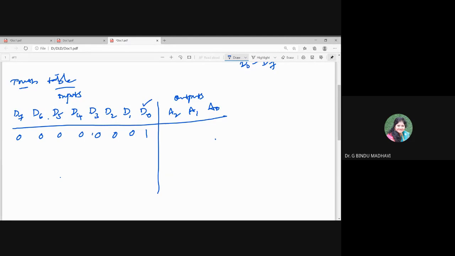So what can we write? If D0 is active, what will be the binary value?